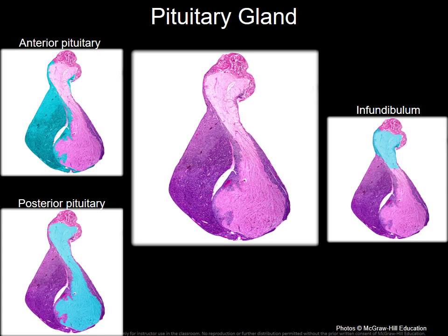What's distinctive about it again is this very close juxtaposition of classic neural tissue with glial cells and axons and so on, and classic glandular tissue sitting side by side. So whenever you see neural tissue and glandular tissue side by side, that's pretty much a giveaway that you're looking at the pituitary gland.